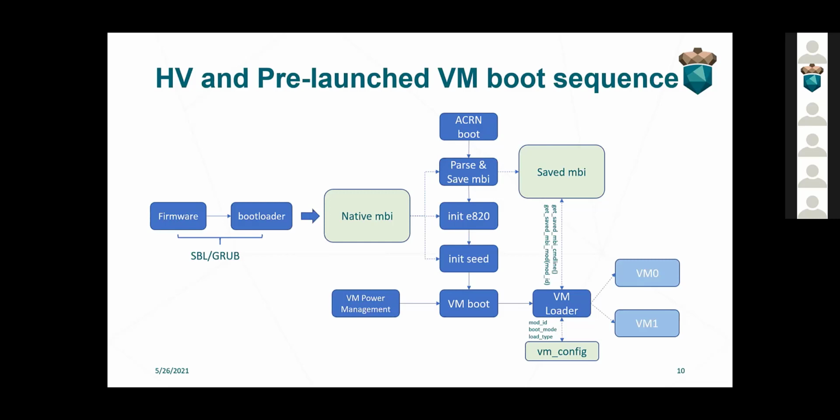The software VM loader will pass the module information in the MBI structure. That means where the SOS kernel is, and where the RAM disk for this kernel is, and where the other VMs' kernels, other pre-launch VM kernels, are. Then the software VM loader will load these modules to the guest memory space and start to run the VMs.